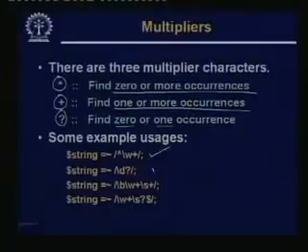So, it must begin with a character followed by at least one more character. It should not be a single character string. The second example starts with a digit followed by a question mark. The question mark means 0 or one occurrence. So, it is either a single digit or a digit followed by some other character.